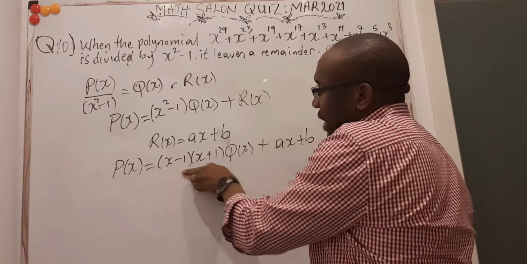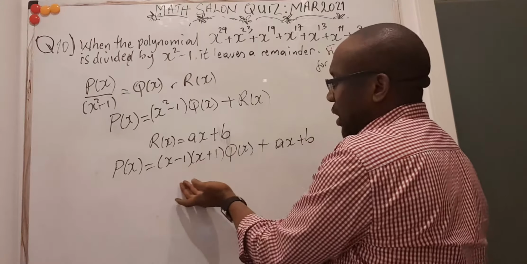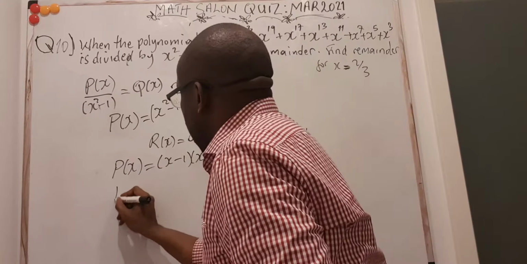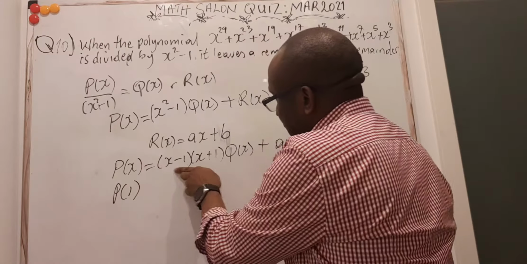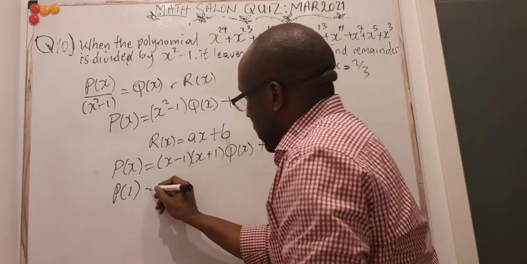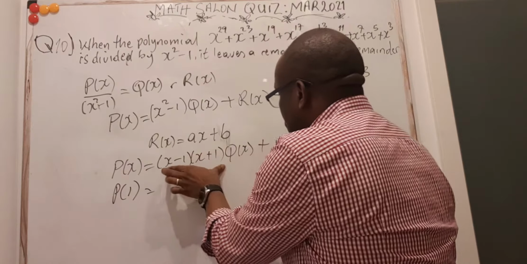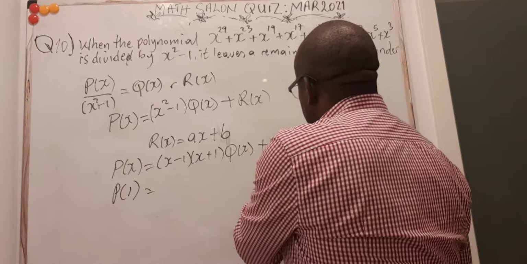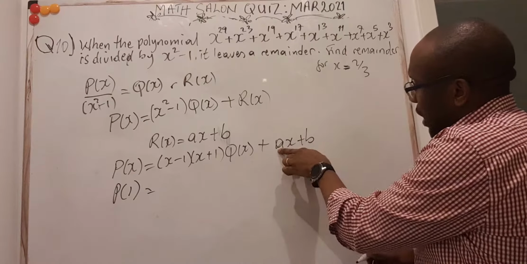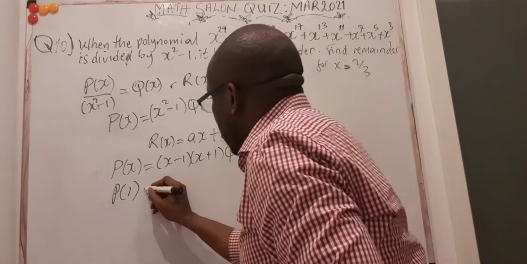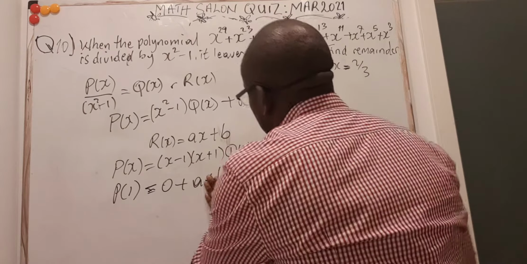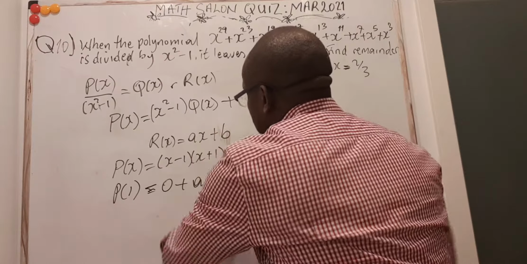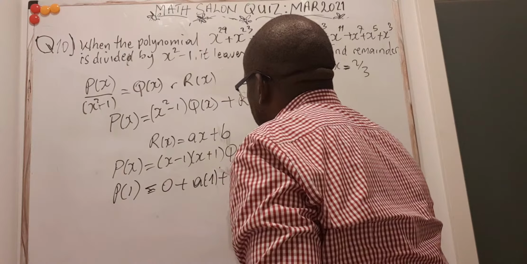Since it was divided by this, you can try these numbers. If I put p of 1, this part will be 0 because this will be 1 minus 1. So all of this will go to 0, but this one, a times 1 plus b. So p of 1 will be equal to a plus b.